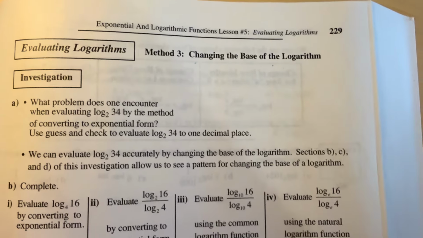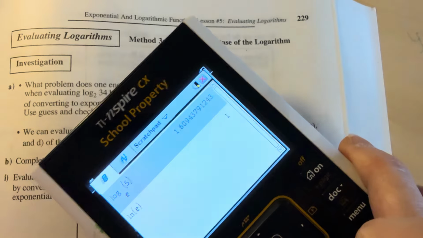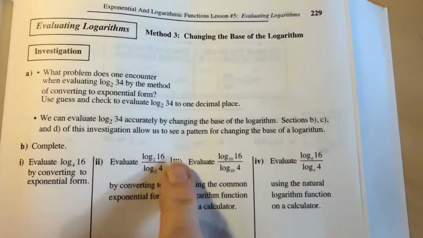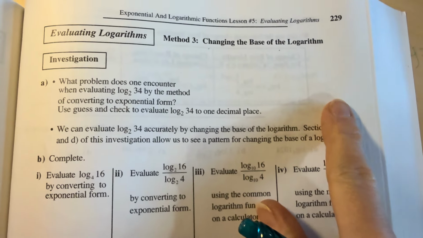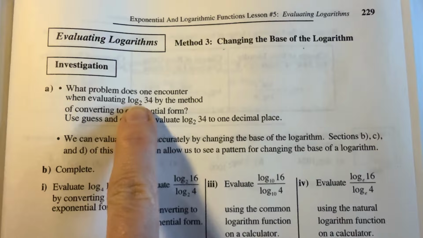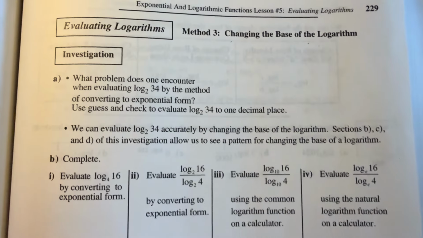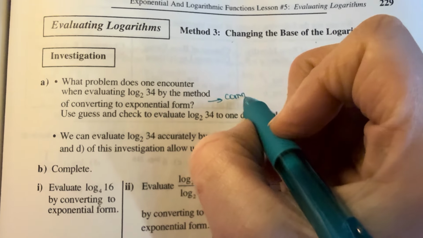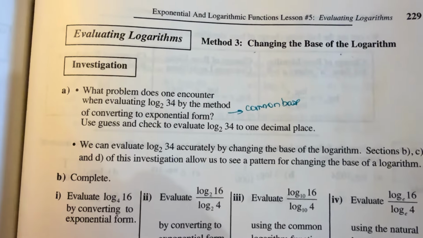Okay, so changing the base of the logarithm. Even if you have that function on your calculator, everybody needs to know how to show the change of base of the logarithm. So if we do this example, log base 2 of 34, if we change that into exponential form, we would run into the problem that they don't have a common base. 34 and 2, there is no common base.